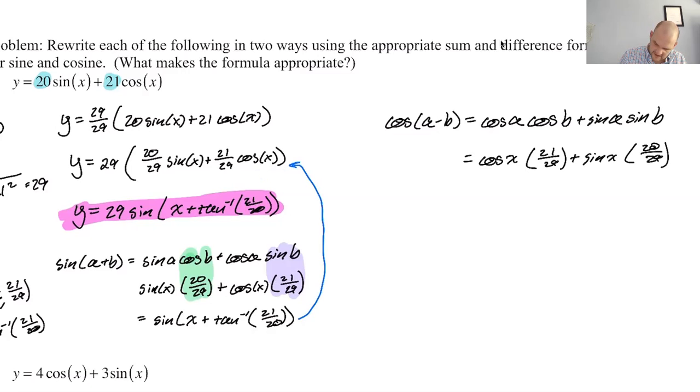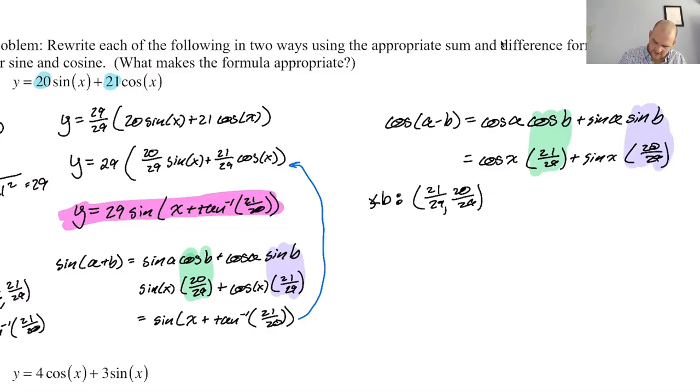So for this, angle B as the ordered pair, cosine of B is 21 over 29, and the sine of B is 20 over 29. So we're going to do the ordered pair 21 over 29, 20 over 29.